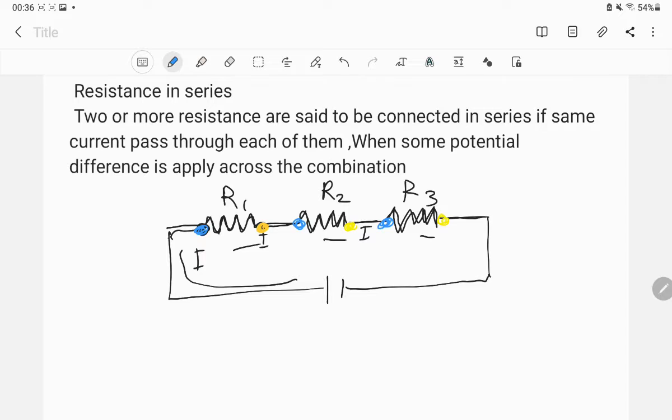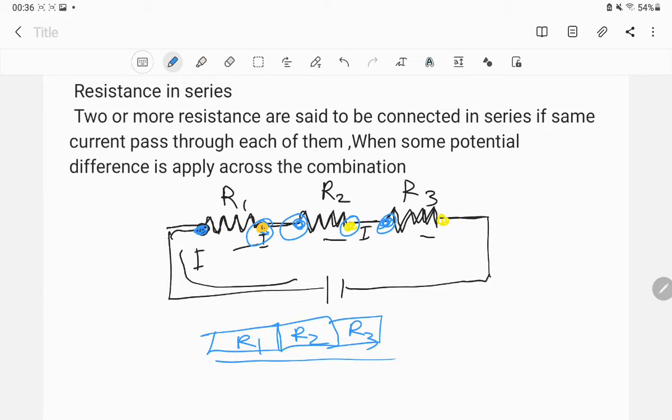So series means this head and tail are connected, and here also head and tail. So they are connected in a series, or in a line: R1, R2, R3. So this type of connection is called series connection.